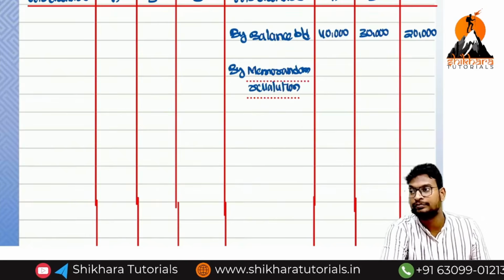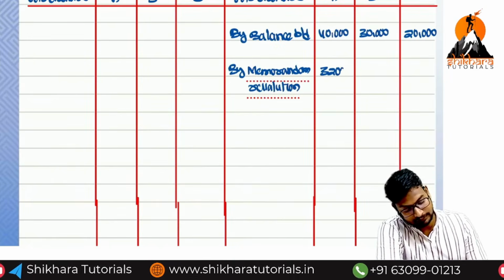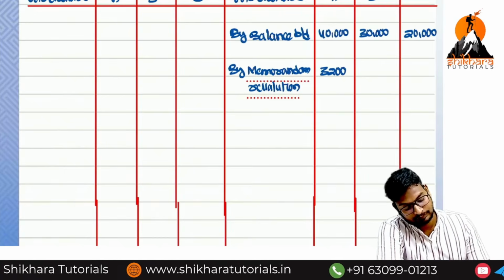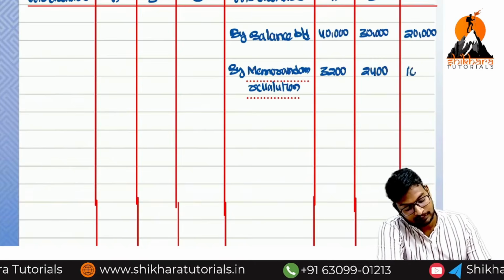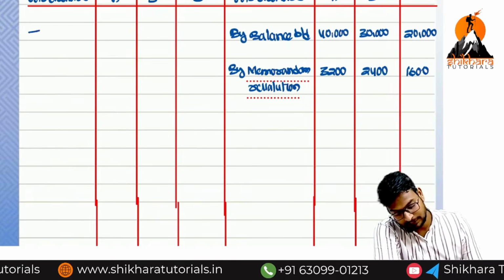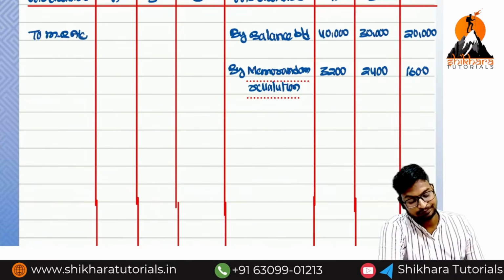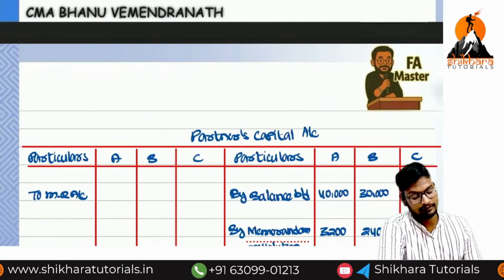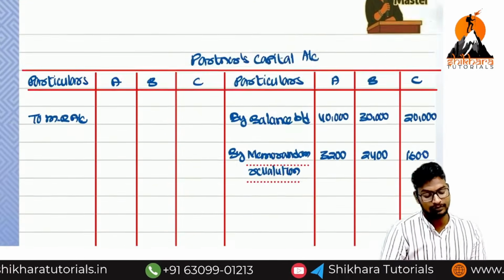How much, Amma? 3,200, 2,400. Next, 1,300. To memorandum revaluation, how much? Two partners only, na? So B, A and C, 4,527.